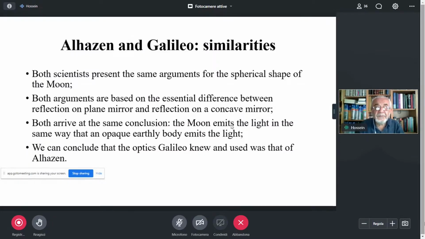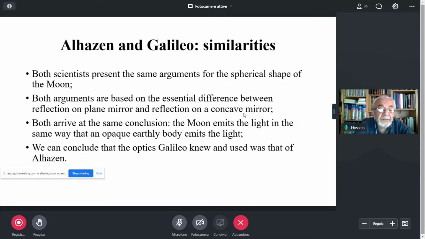Both base their argument for the rejection of the idea of reflection on the surface of the moon on the difference which exists between reflection on plane mirrors and on convex mirrors. And I have written here concave, which is an error.